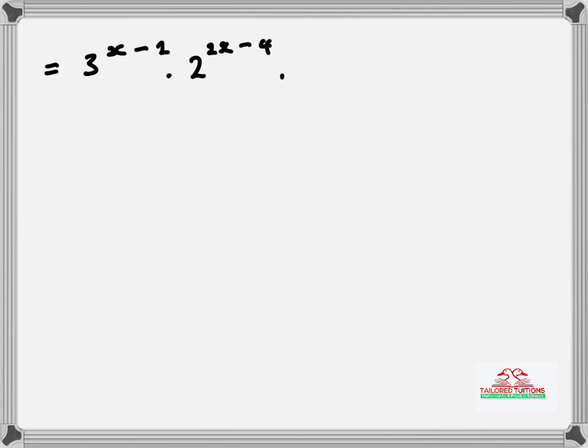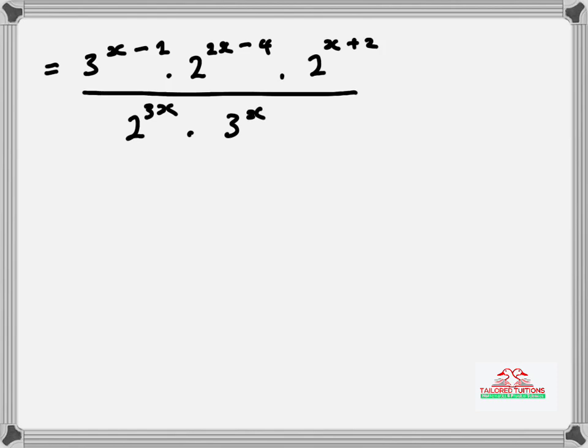Then the next power, it was in terms of x plus 2. It had a base of 2. Then in the denominator we have 2 exponent 3x times 3 exponent x minus 4. Alright, so this is our next step.